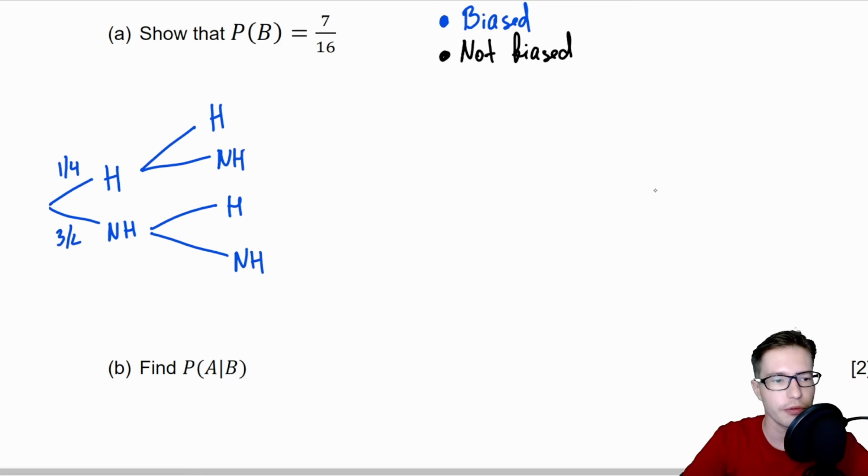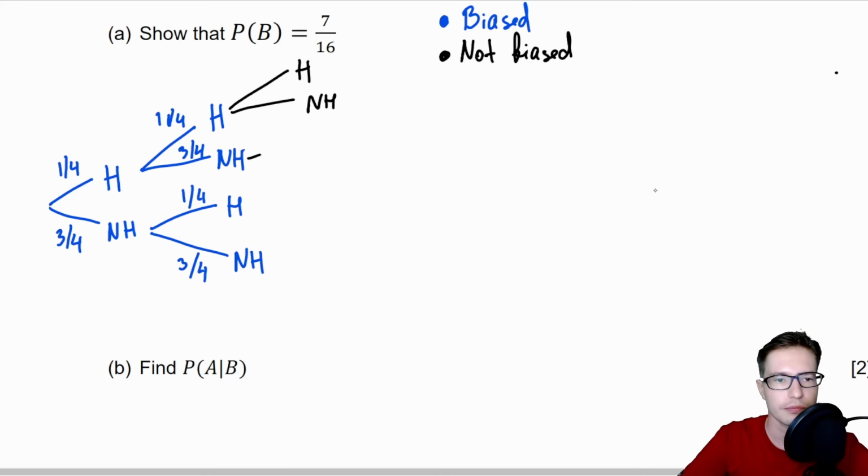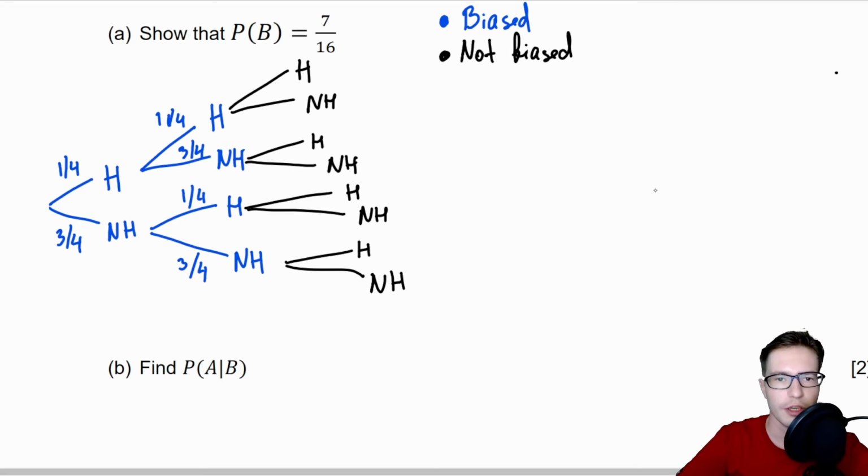This one is 3/4. Now moving on to the non-biased coin. Head or not head. And because it's not biased, each probability is going to be 1/2.